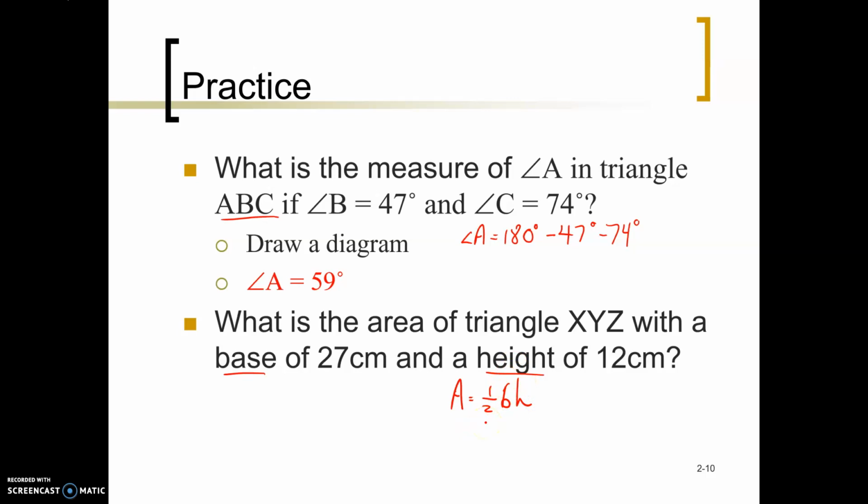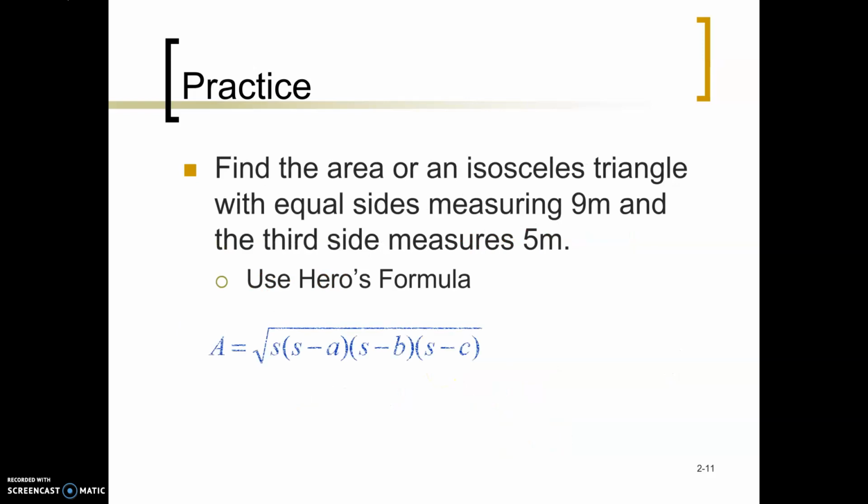So 1/2 times 27 times 12. This is equal to 162 centimeters squared. Notice I am multiplying centimeters by centimeters, giving centimeters squared, which makes sense. It's an area. It should have a square unit.